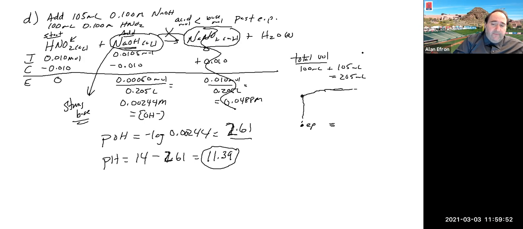And again, you should hopefully have a pretty good understanding of what's going on at any point along the way. Any questions on titrations in general?